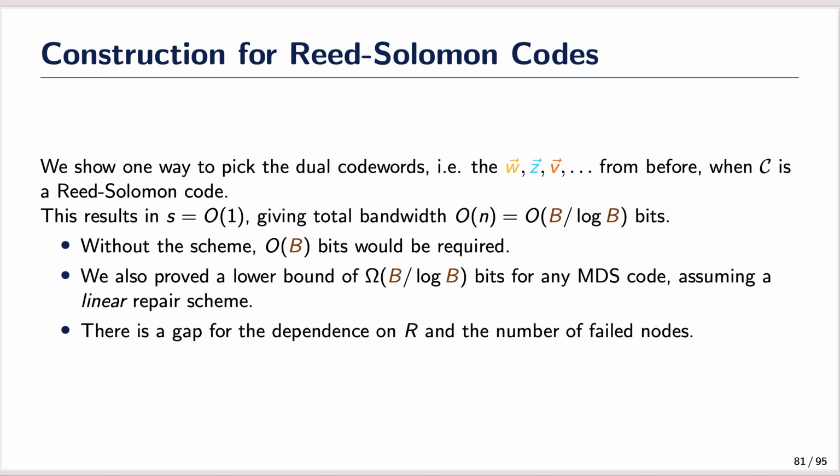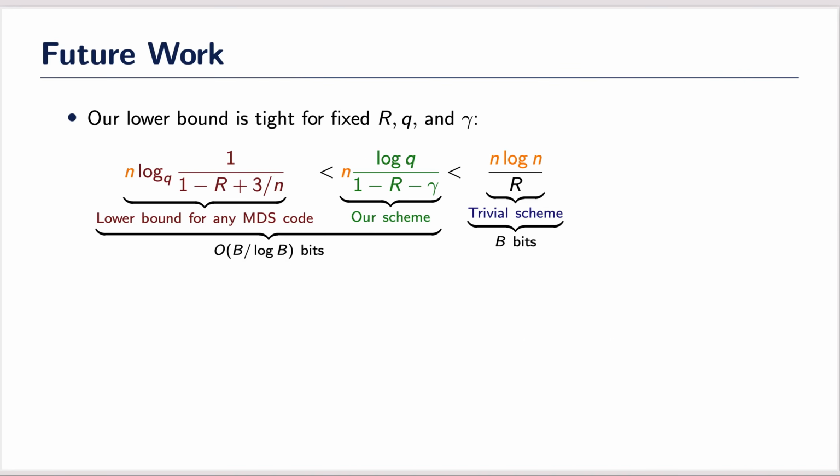So if you vary rate, if you vary also the number of failed or non-participating nodes, okay, so here's that gap. On the left here, we have this lower bound proportional to n, or B over log B bits. And then in the middle, we have the bandwidth for our scheme. And you can see it's also proportional to n.